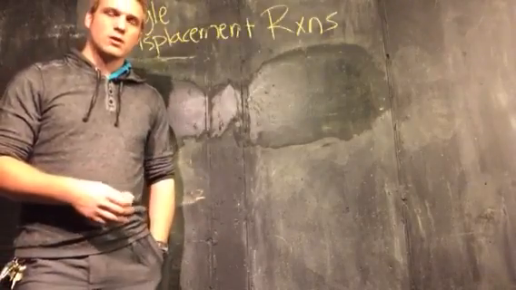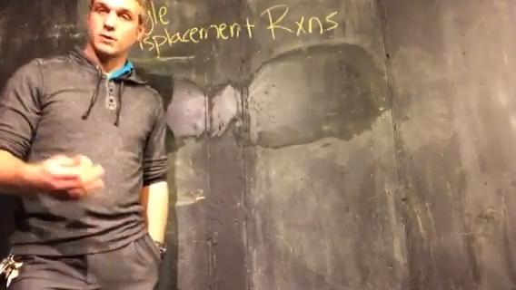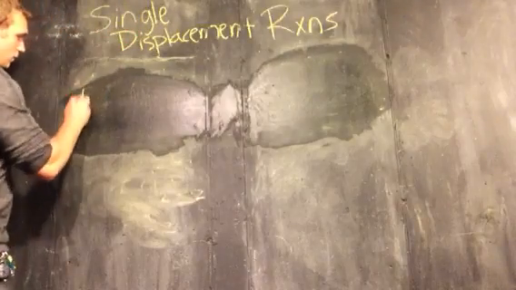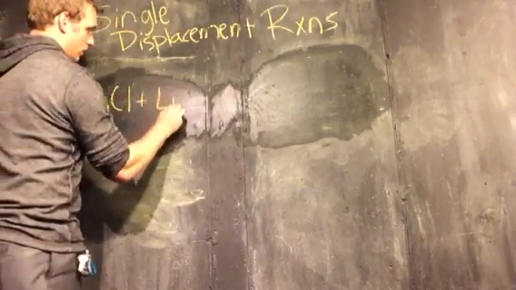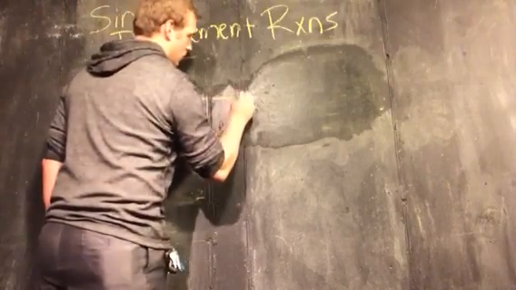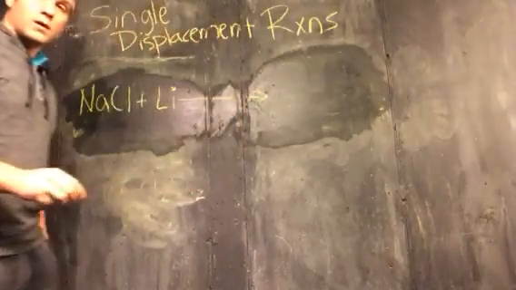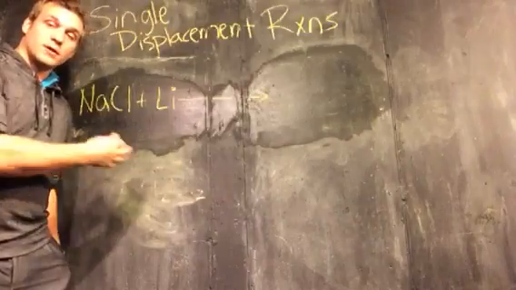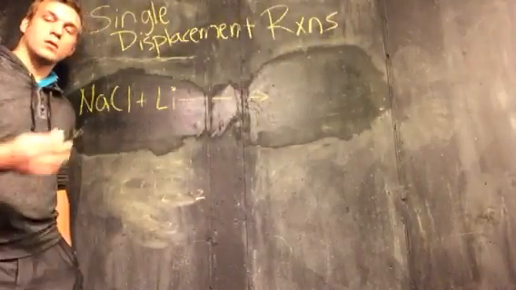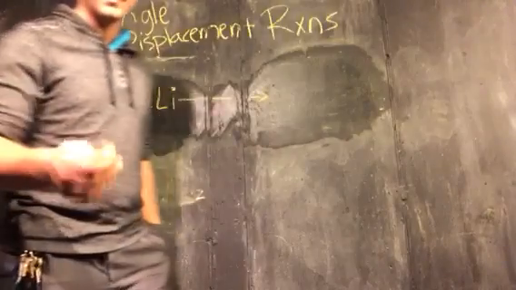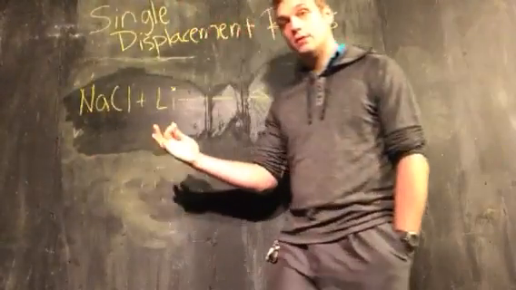First example, let's just do salt plus lithium, see what happens. NaCl plus lithium, okay, AB plus C. Look at your chart. Lithium is a positive charge, so is sodium.